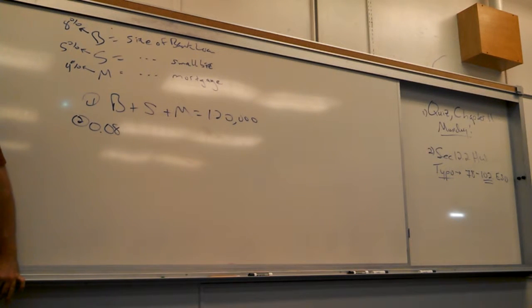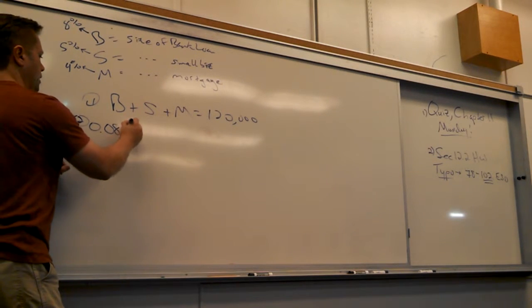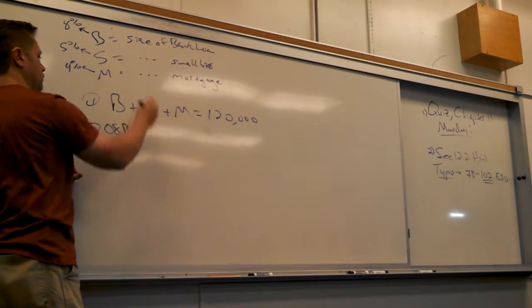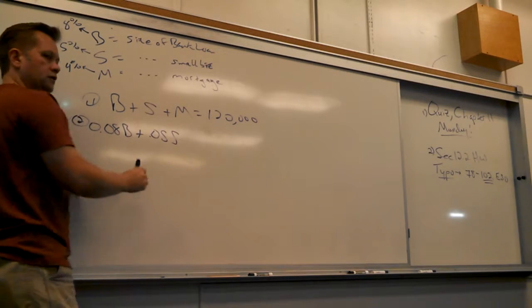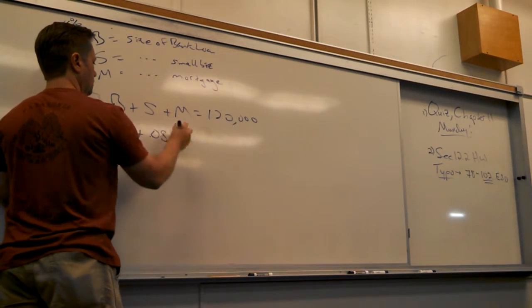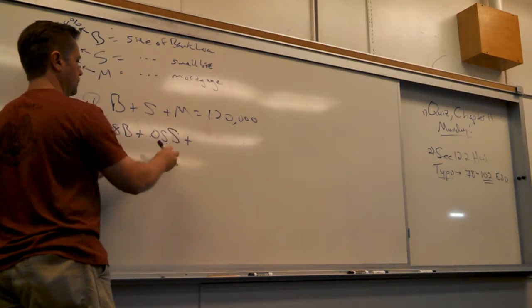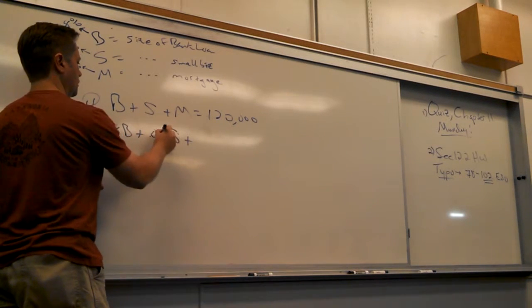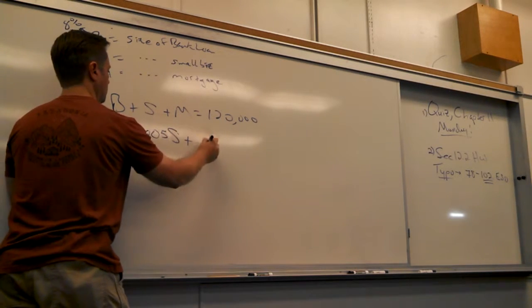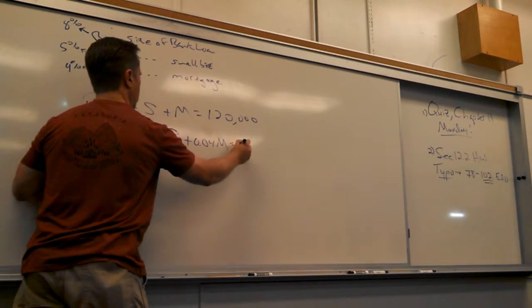The number is 0.08. 8% of the bank loan amount plus 5% of the small business loan, plus, man, S is a bad letter for me, 4% of the mortgage equals $5,750, the total interest.